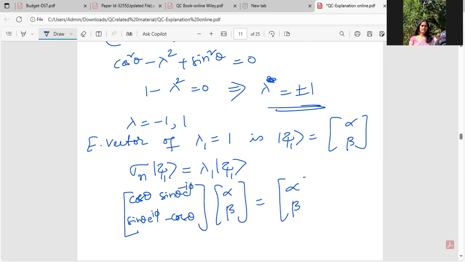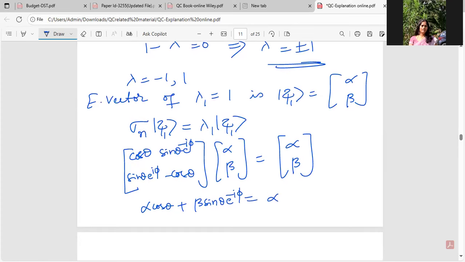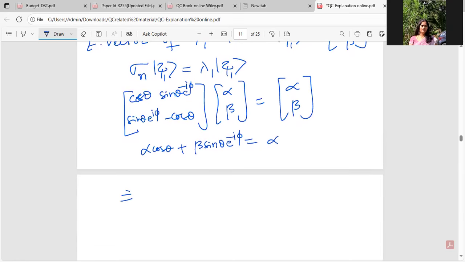So alpha, beta. Rewrite them in equation format to get some conclusions. What I will get will be alpha cos theta plus beta sin theta e power minus i phi. This is equal to alpha. If I take alpha terms towards one side, then what happens from the first equation, I'm in the first equation only still. Beta sine theta e power minus i phi minus alpha is equal to alpha.